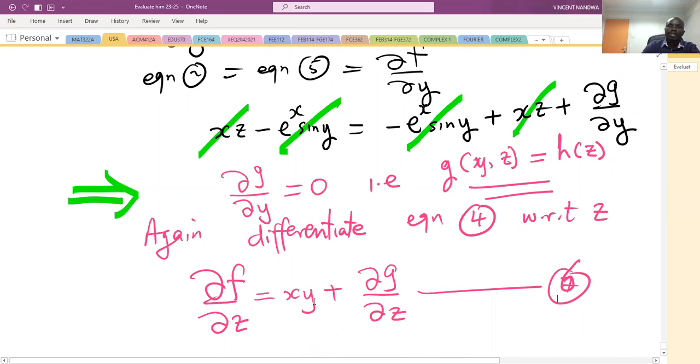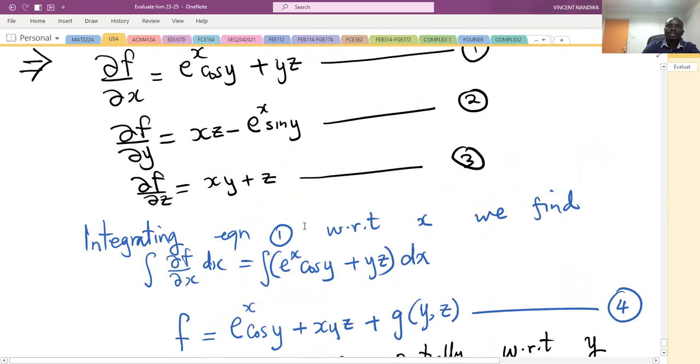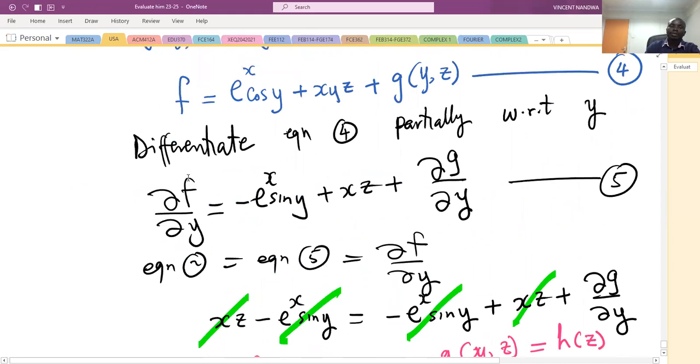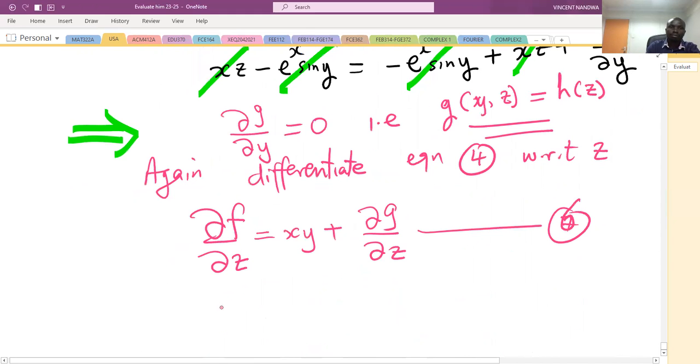And then equation 6 and equation 3 are the same. Hope you can see all of them are defining partial f partial z. So equation 3 equals equation 6 because all of them are defining partial f partial z.